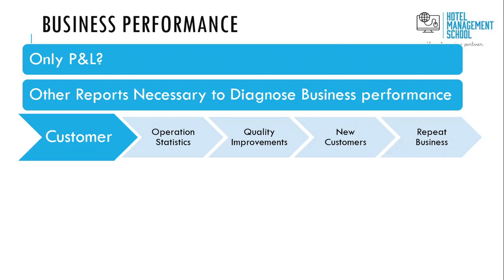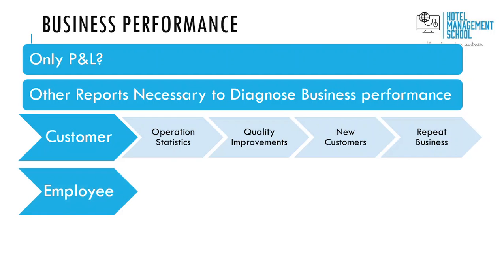These are all the other aspects which are more important for the business performance of the future, and which also need to be looked at. There's no standard report for that. Those all depend on the hotel and the conditions of each hotel. So we will be learning about the overall statistics and how we can analyze business performance from other aspects.